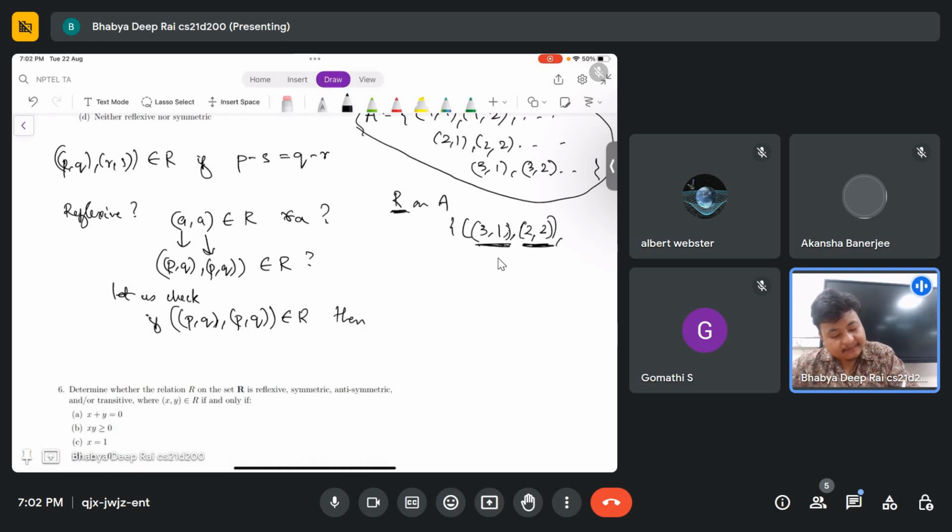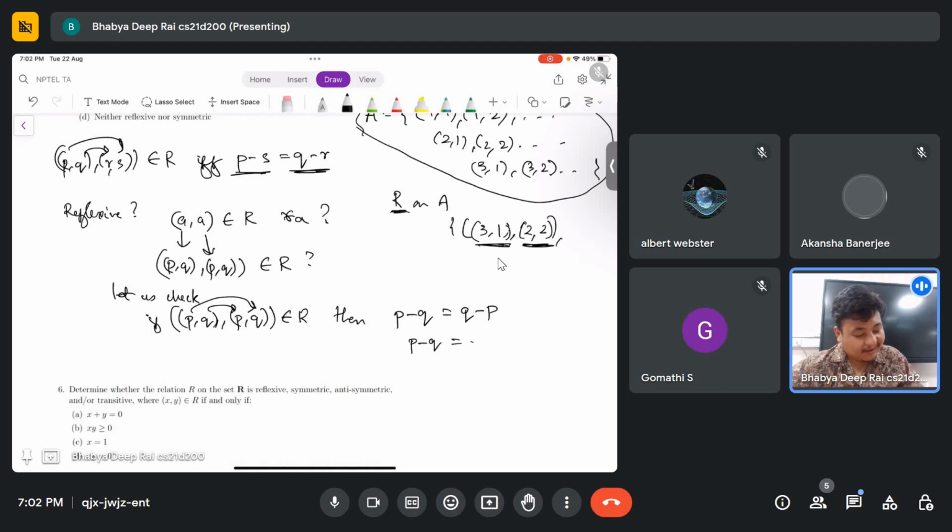Then P minus S equals Q minus R. Where is S? S is here. P minus this outer one is equal to Q minus this inner one. Right? So P minus Q is equal to Q minus P. But then what do you have?